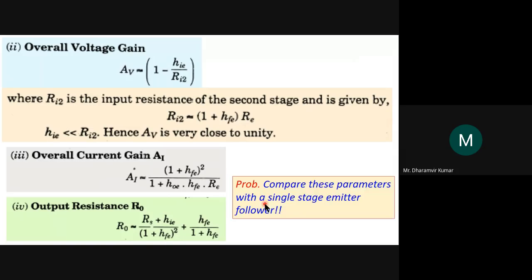There is a small problem for you: compare these four parameters, that is the current gain, voltage gain, input and output impedance, with that of a single stage emitter follower or single stage emitter amplifier. This consisted of two stages. Now consider these values with the case of a single stage one.